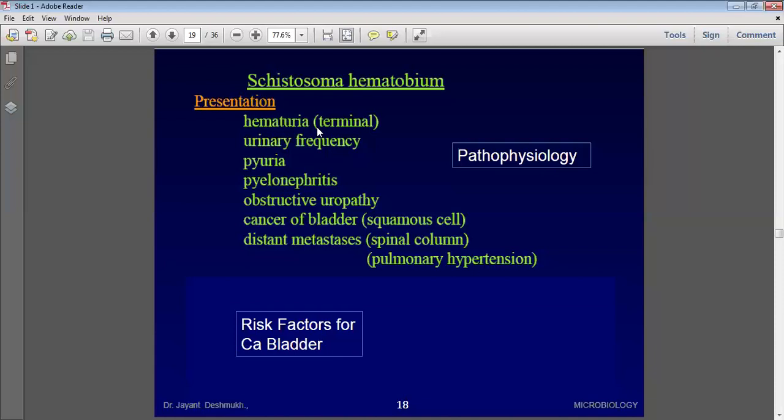So it is known as painless terminal hematuria. Painless because the bleeding is from the urinary bladder, not from the urethra. Urinary frequency: residual urine may be more, so there is regular urgency and the number of micturitions is more.